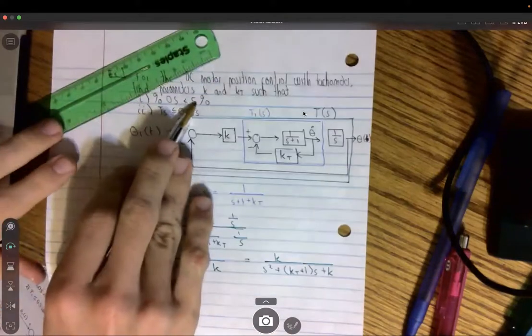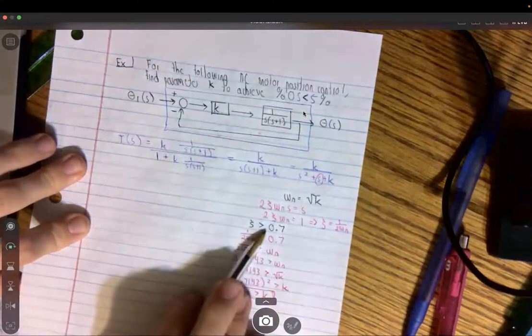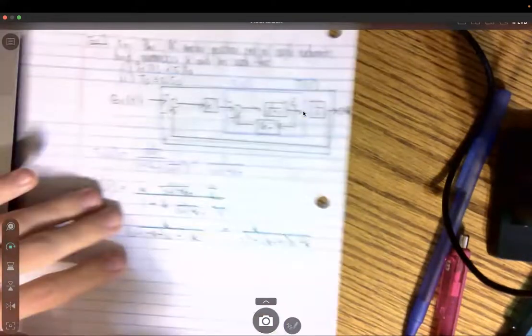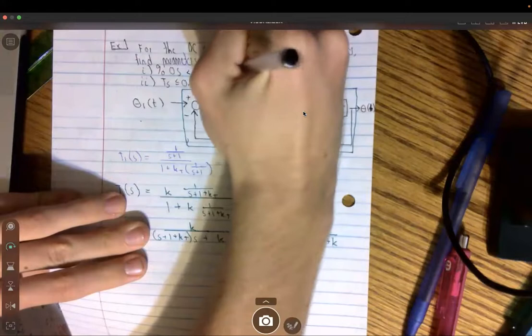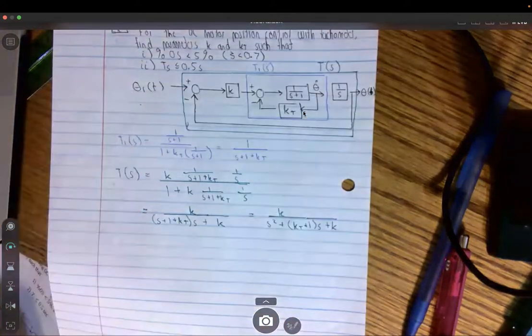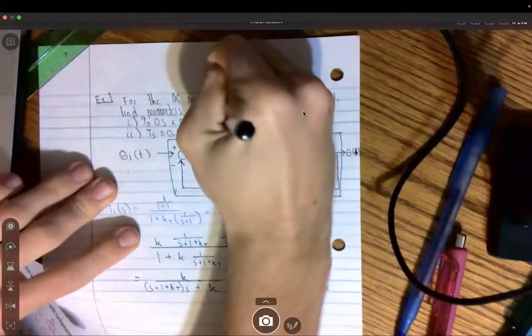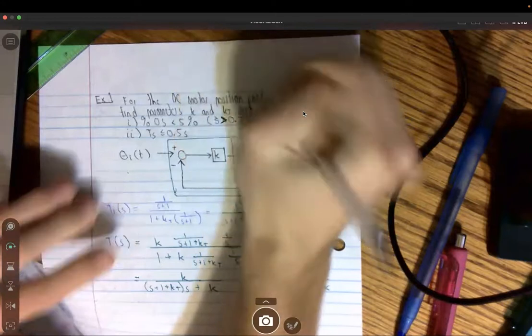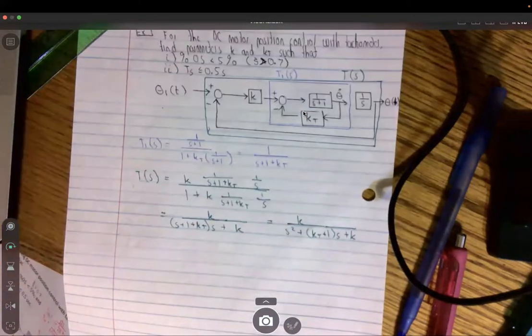Recall from the problem we just solved, in order to get a percentage overshoot less than 5%, zeta had to be less than 0.7. Sorry, zeta had to be greater than 0.7. My bad. Okay, so zeta had to be greater than 0.7.